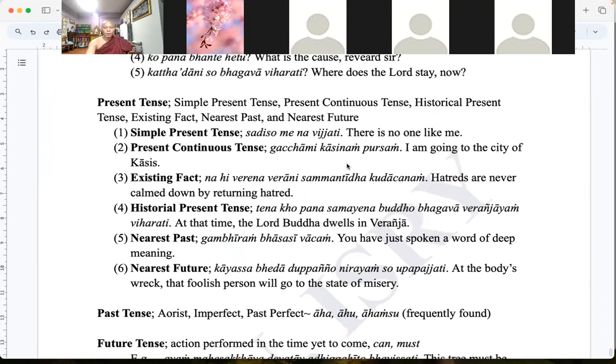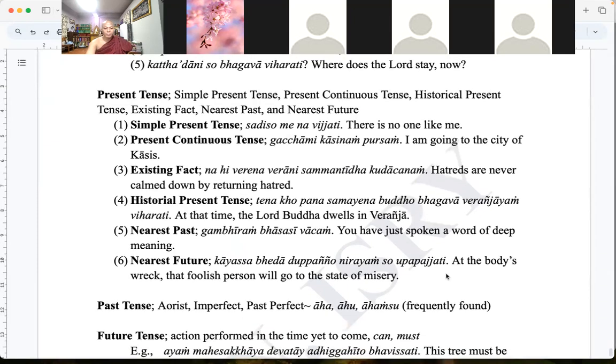Sorry, again. Yeah, for number 6 in the present tense, when we express the nearest future, we will use the present tense. Is there another option that we also can use the future tense for the nearest future? Awesome. Okay, yeah, I got it. Yeah, thanks, Bante. Just for that point.